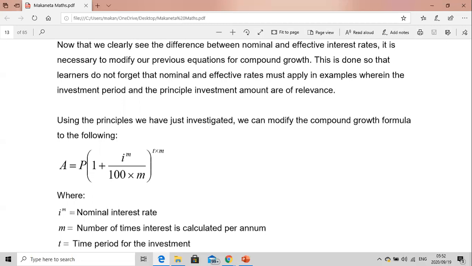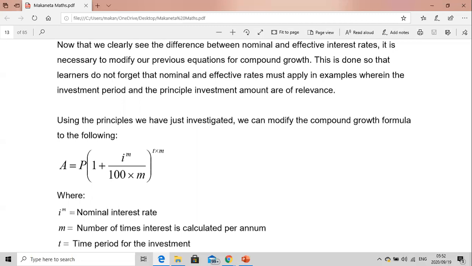We look at the compound interest. Basically, this is the one that we use when we look at the nominal as well as the effective rate of interest. So this is where we are now. I to the power m simply stands for the nominal interest rate, and m is just the number of times where interest is charged or calculated per annum.